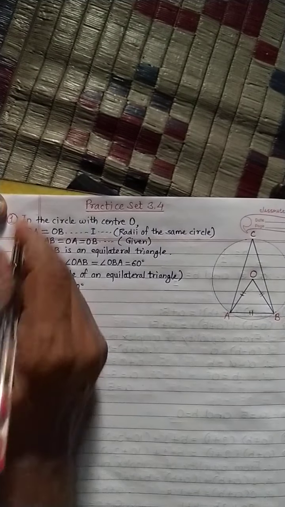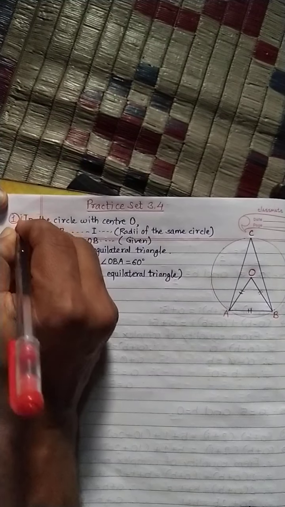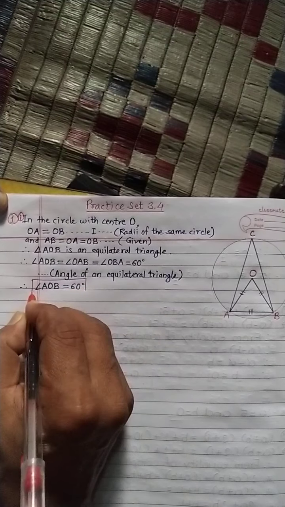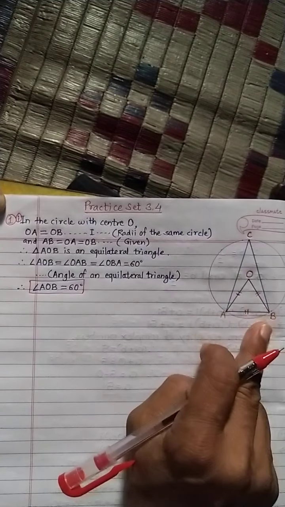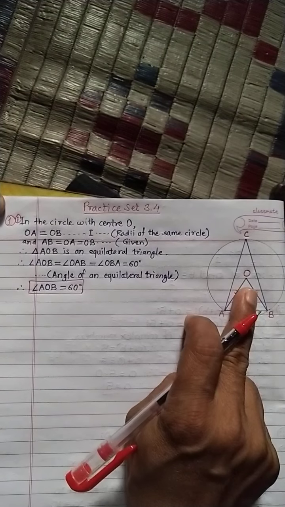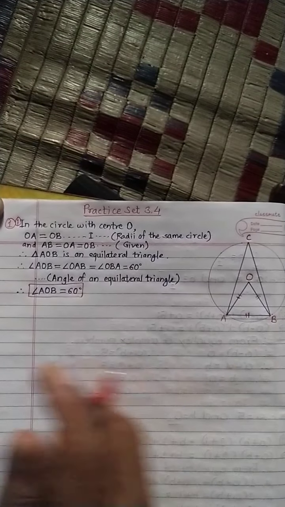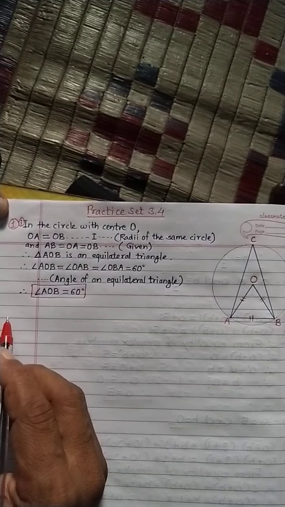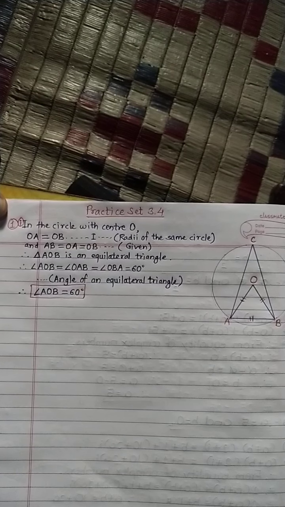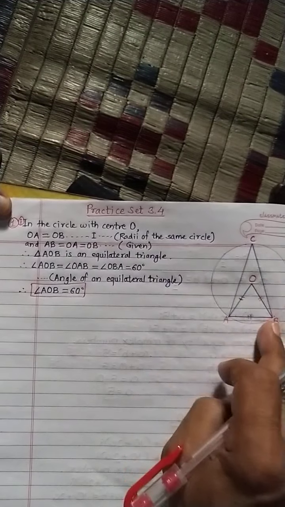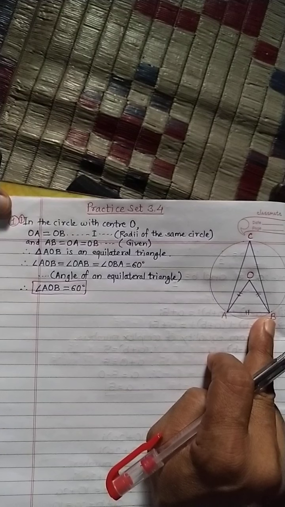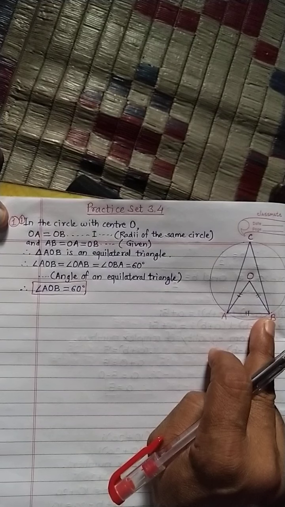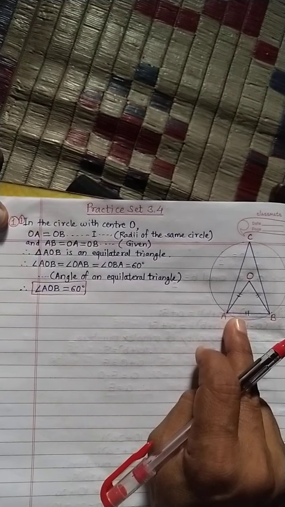In this way we have proved the first thing in question 1. Angle AOB is equal to 60 degrees. Okay, now the second thing, angle ACB. Here first of all we have to find the measure of arc AB.